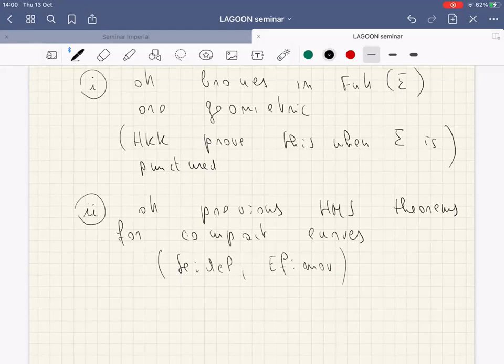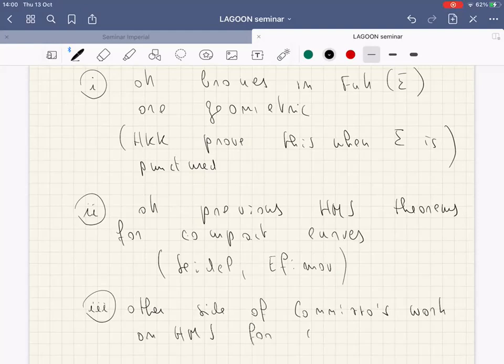Then, the other side of the beautiful work of Canonaco on HMS for genus 2 curves.